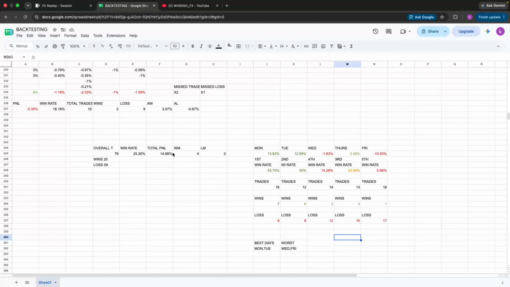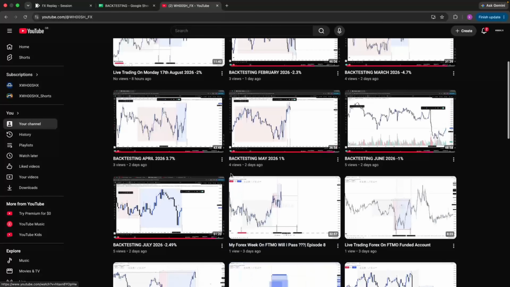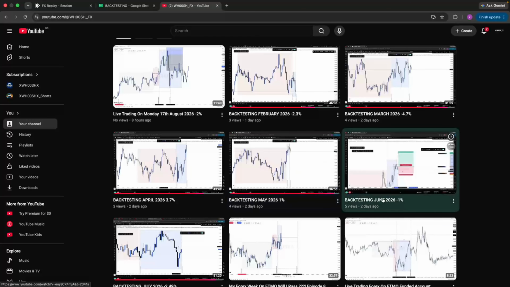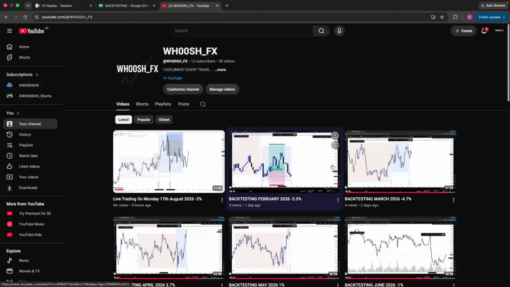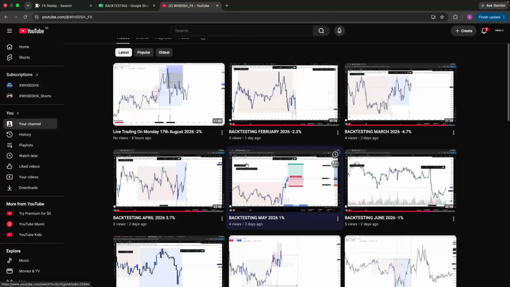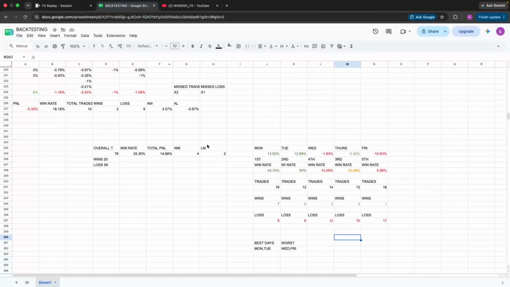And it went from I think losing all the months except one. How many months did I lose? Backtesting, 1 month I won, 2 months I won, and every other month was a loser. So two profitable months and the rest negative. And now four profitable months and two negative.